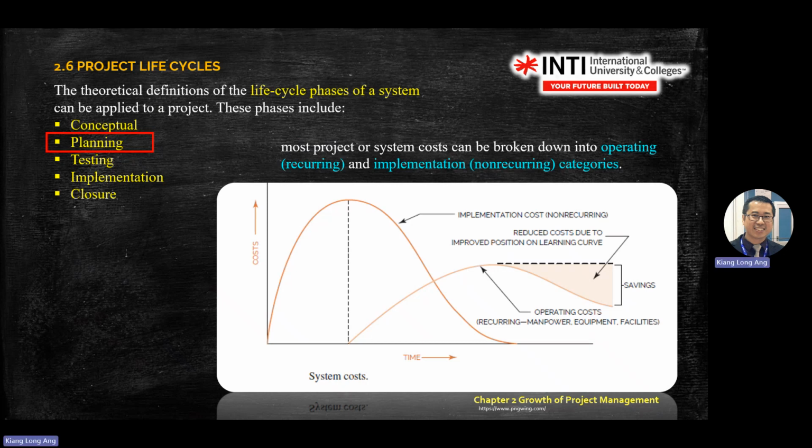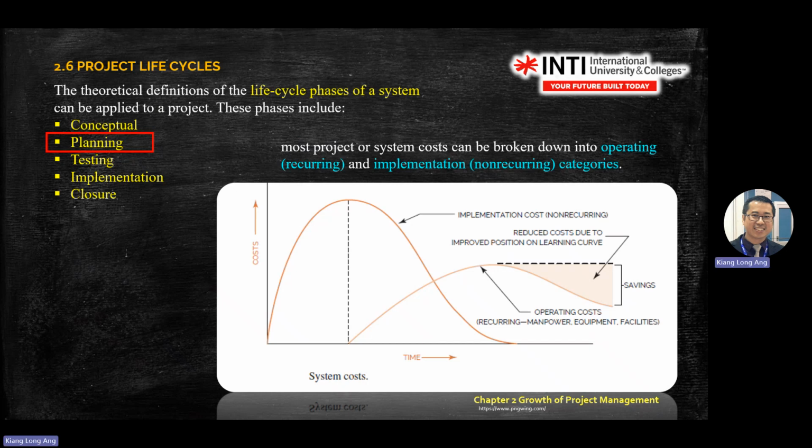If you are able to reduce cost, the line here can go down by improving your learning curve.